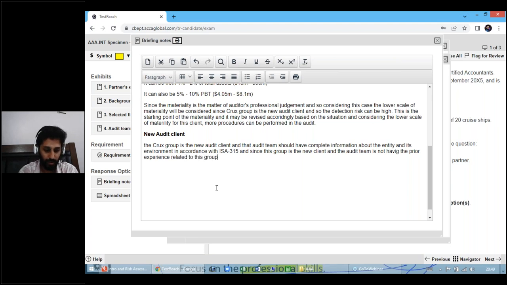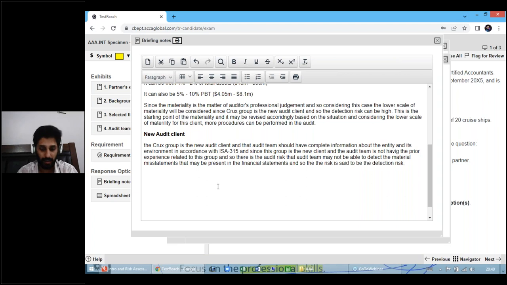related to this group, there is the audit risk that the audit team may not be able to detect the material misstatements that may be present in the financial statements, and so the risk is said to be the detection risk, right?